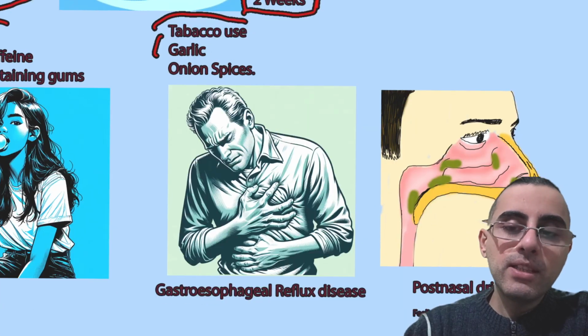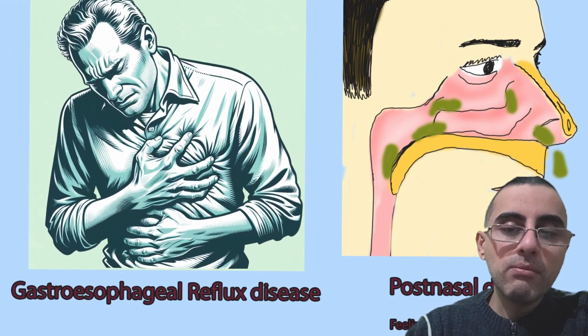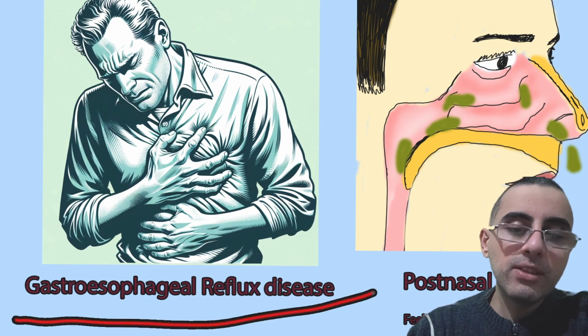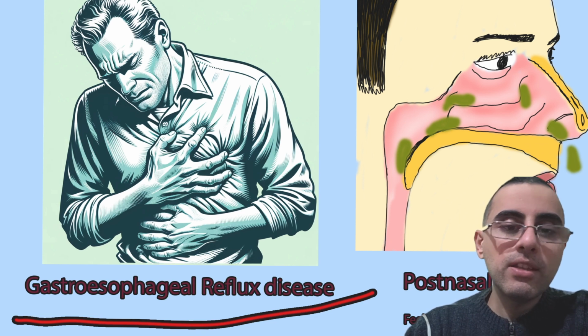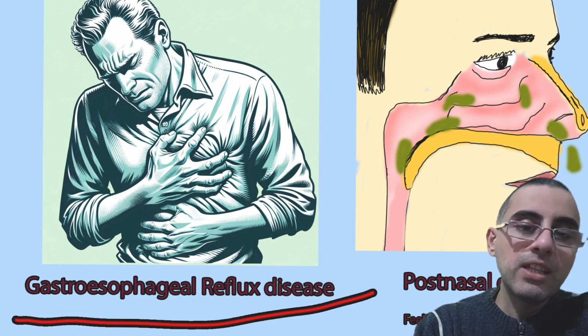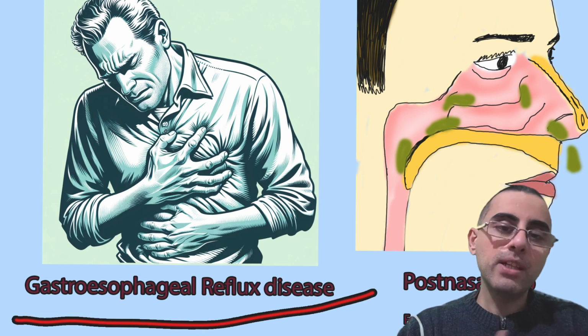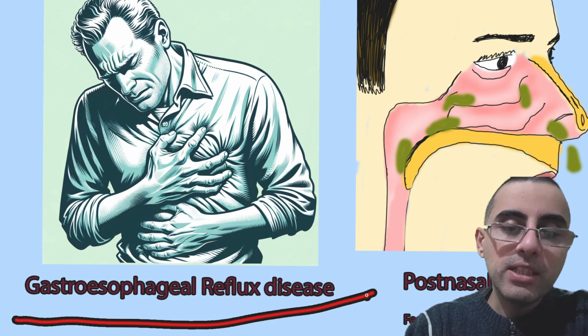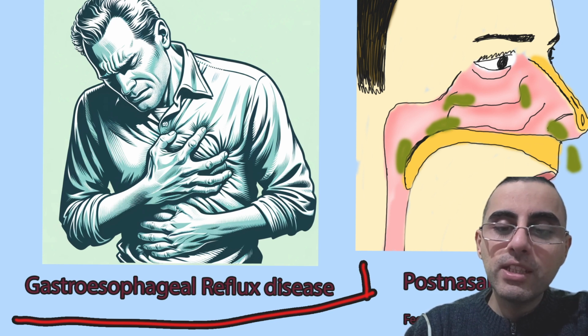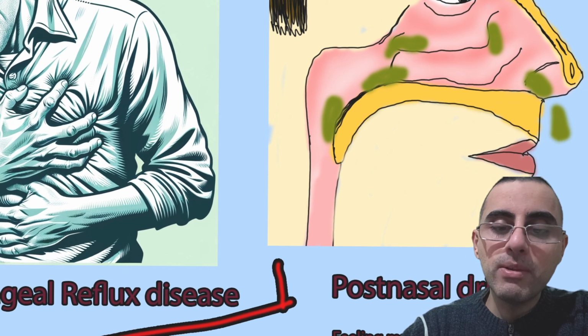And when disease causes bad breath, the most common disease is gastroesophageal reflux disease. You can guess that it's gastroesophageal reflux disease when the person says that he has heartburn after eating, and especially at night. And second is postnasal drip syndrome.